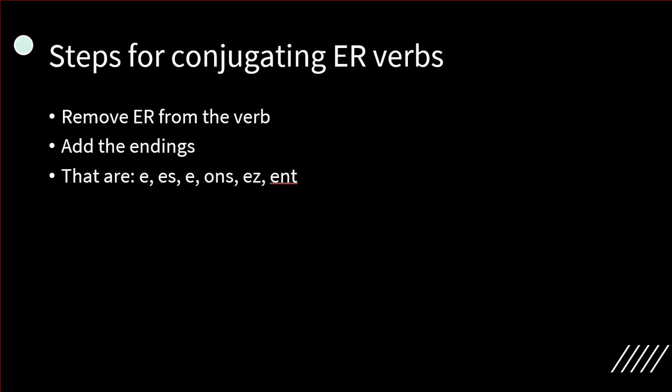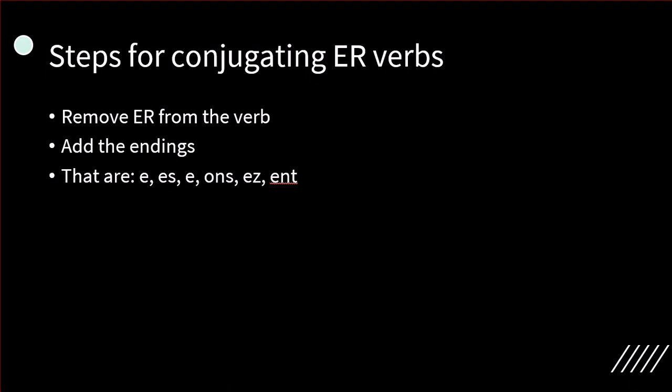Firstly, if you conjugate the ER verbs, you will always and always remove the ER from the verb. It's clear? Now you will add the endings that are E, ES, E, ONS, EZ and ENT as per the words.